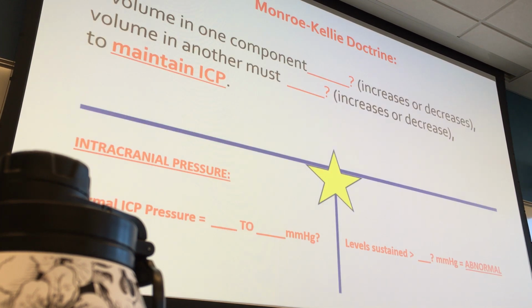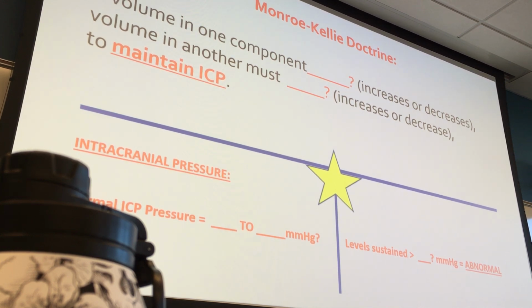Who's heard of the Monro-Kellie doctrine? Victoria, can you tell me about it? Well, I just read it in the book, but basically, if you have the volume of one component increasing, then the other one has to decrease, because it has to be like this perfect pie is what I envision it as. Exactly. That's a perfect explanation. You only have so much space in your brain, right?